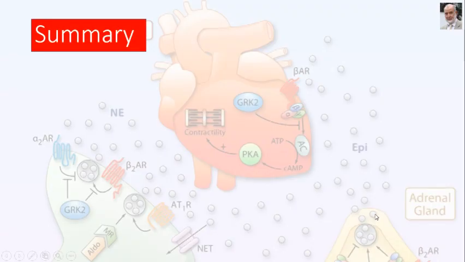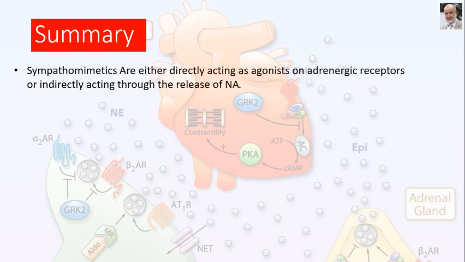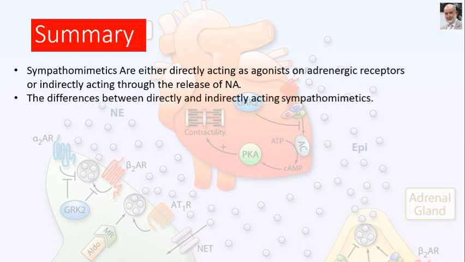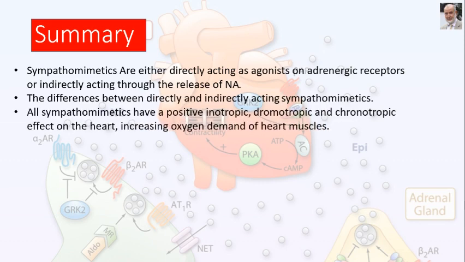So in summary, we can say that sympathomimetics are either directly acting as agonists on adrenergic receptors, or indirectly acting through the release of noradrenaline. We spoke about the differences between directly and indirectly acting sympathomimetics. We also talked about their effect on the heart, including positive inotropic, dromotropic, and chronotropic effects, and how they increase the oxygen demand of heart muscles.